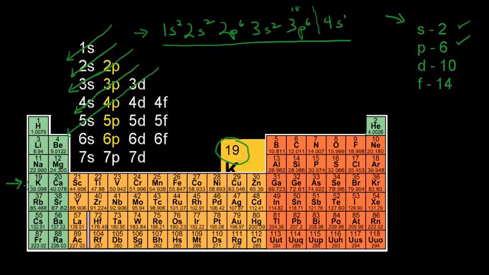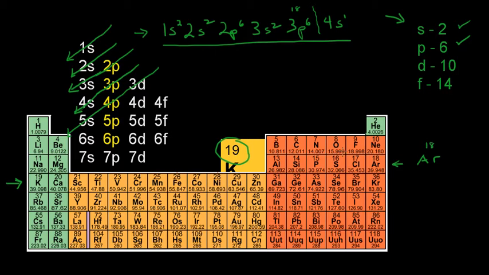And the rule for the noble gas configuration is that we are going to find the noble gas that is closest to the element that we're trying to figure out, which is potassium, and take the noble gas that is closest but has fewer electrons. So we're going to go backwards on the periodic table, and we're going to come here to argon, which has 18. So argon, 18.